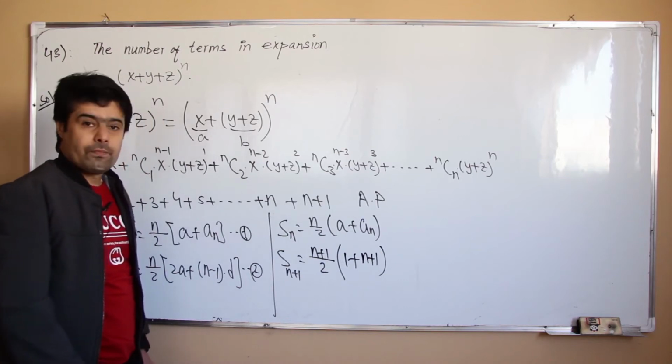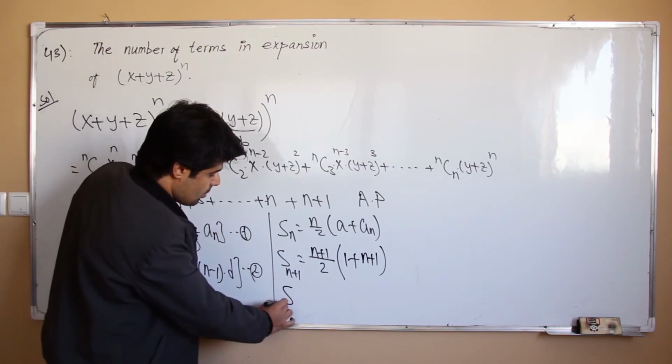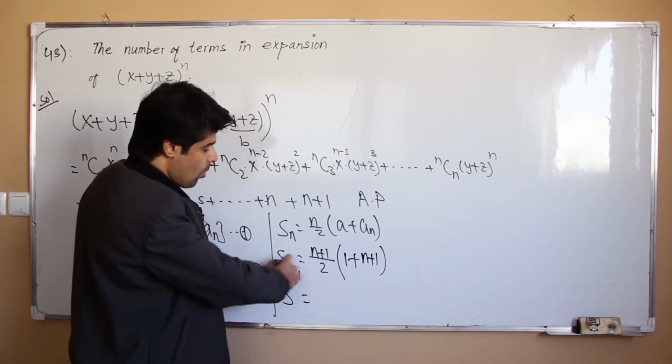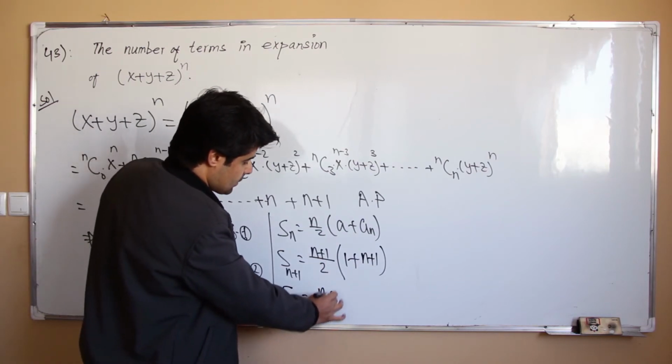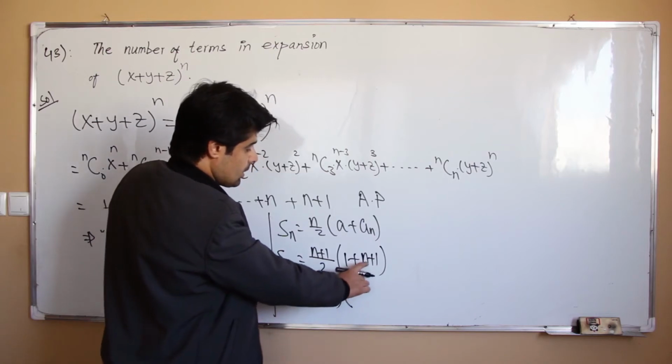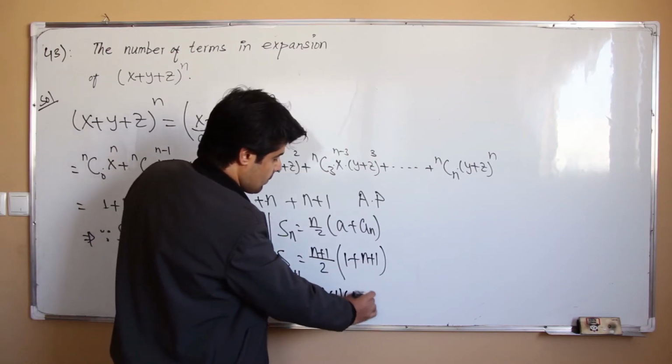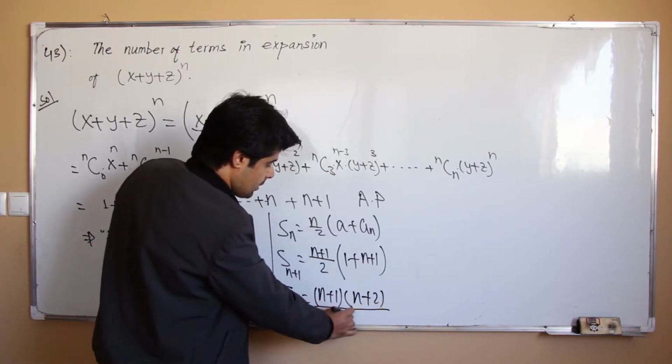Am I right? Yes. Now you can say the whole number of terms we have is n plus 1 times (1 plus n plus 1) divided by 2, which is (n plus 1)(n plus 2) divided by 2.